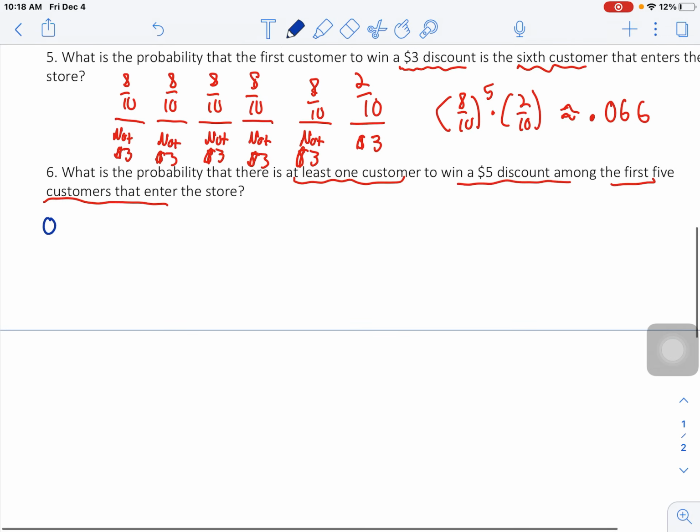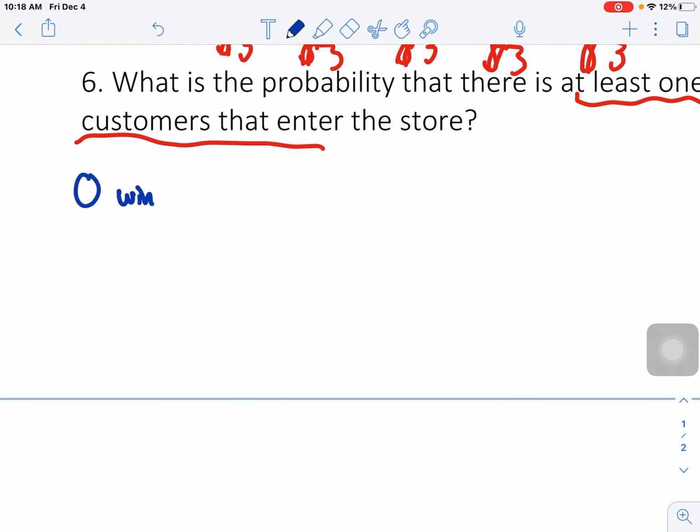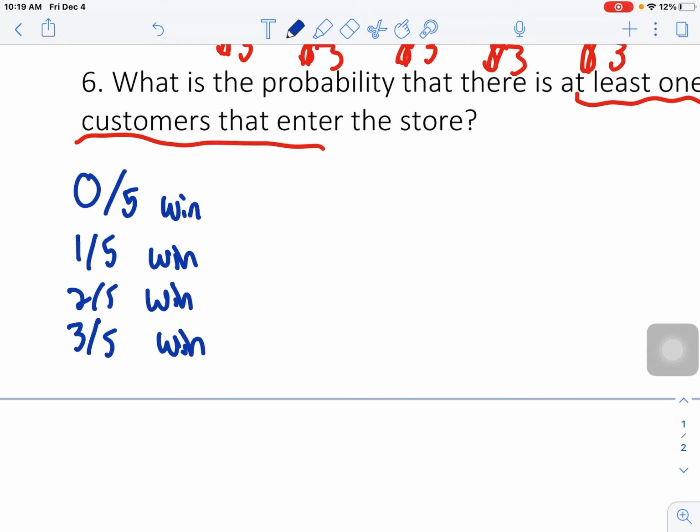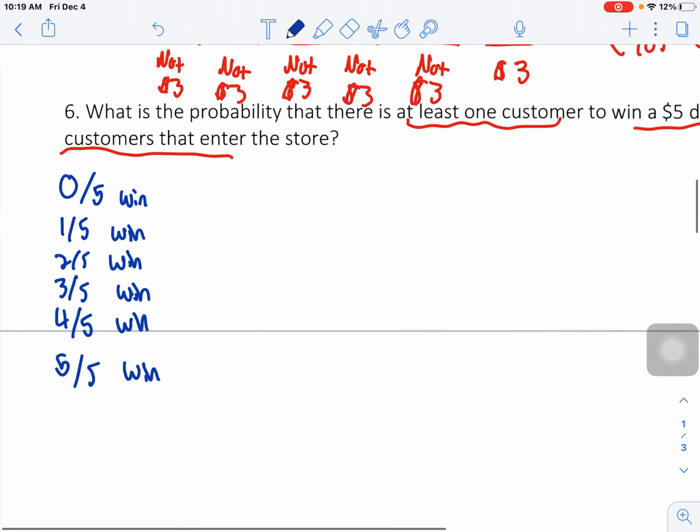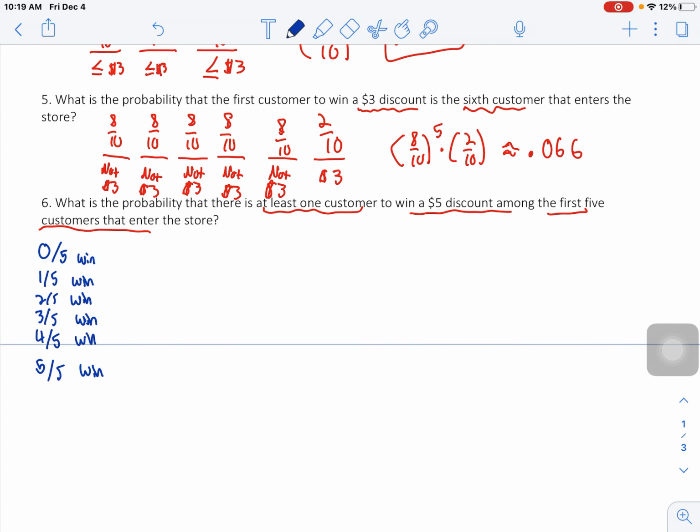Well, we know that we could have 0 out of 5 win, or maybe 1 out of 5 wins it. Or they could all win the $5 discount. It's probably really unlikely, but maybe all 5 win the $5 discounts.